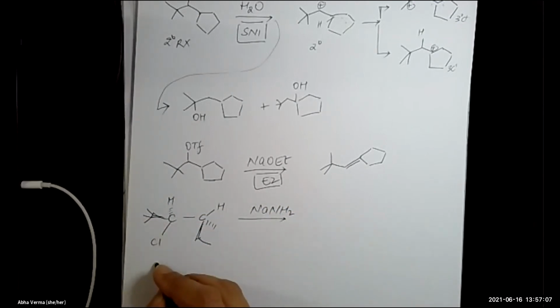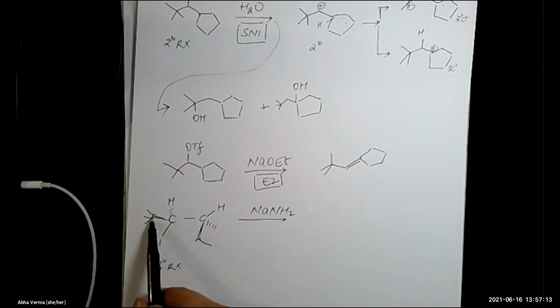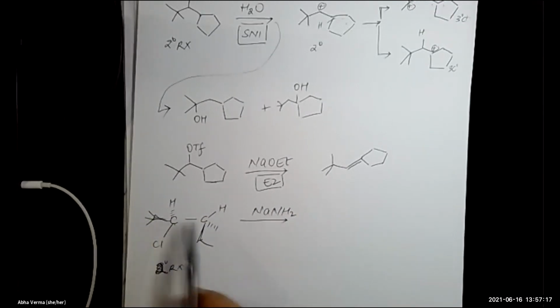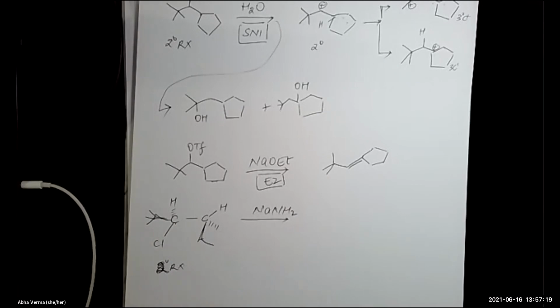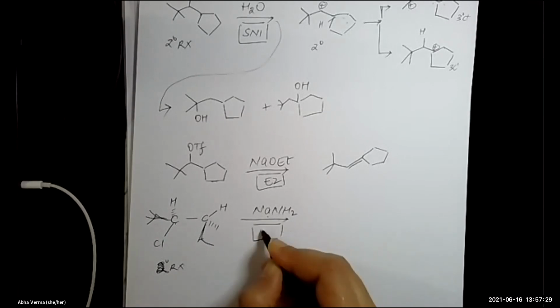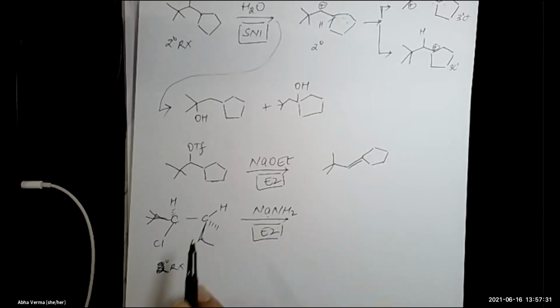I have a secondary, oh, actually this is a tertiary substrate. This carbon is attached to 1, 2, oh, secondary substrate. 1, 2 carbons. This substrate is secondary, NaNH2. This is a strong base, so I definitely would want to go with the E2.